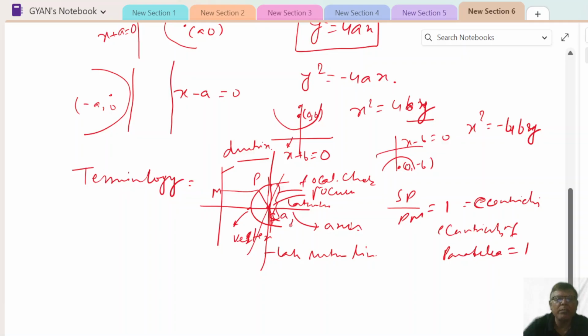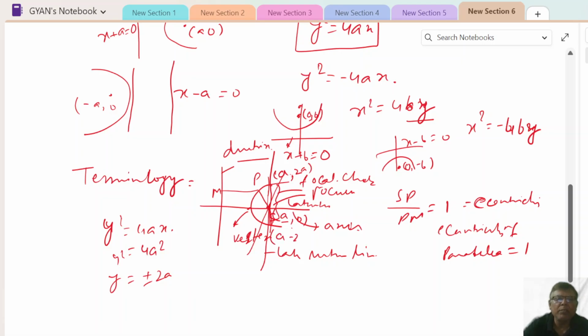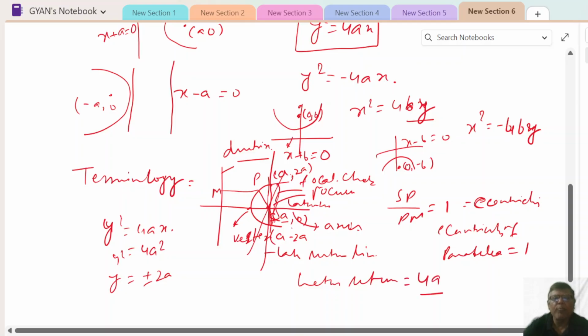So here the point is (a, 0) and the x-coordinate is a, and y we get from y square is equal to 4ax. Put x is equal to a, then y square is equal to 4a square, so y is equal to plus minus 2a. So this coordinate is (a, 2a) and this coordinate is (a, minus 2a). So the total length of the latus rectum is 4a.